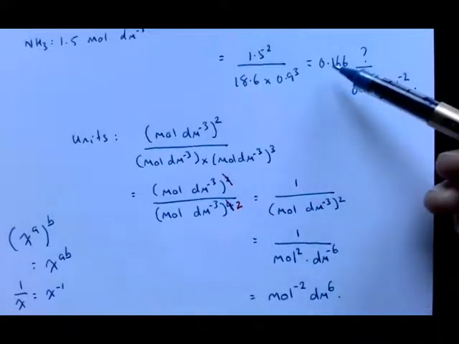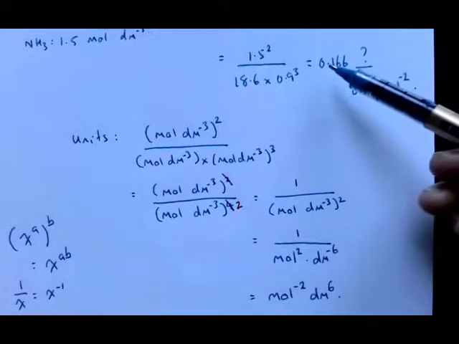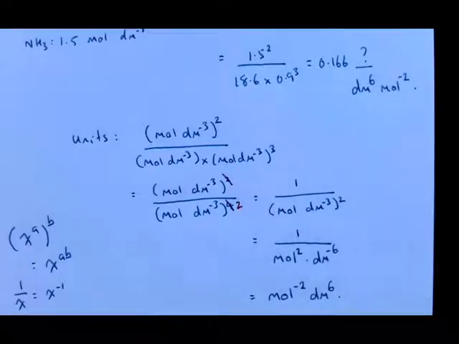So yes, my equilibrium constant is less than 1, as I expected, and that's about it really. So these things are quite straightforward to calculate. The units are a little bit tricky, but it's the interpreting it that is the important part.